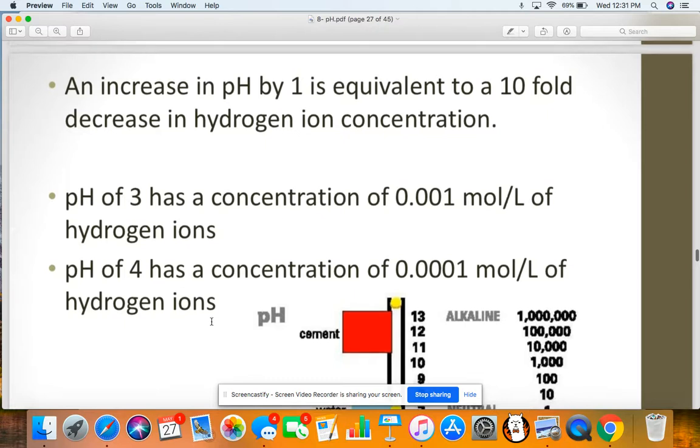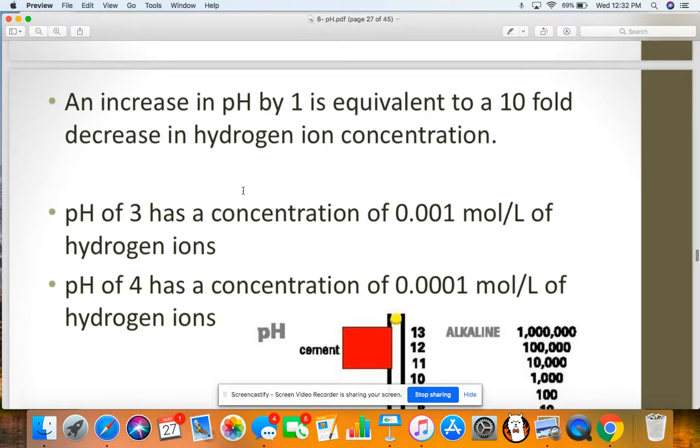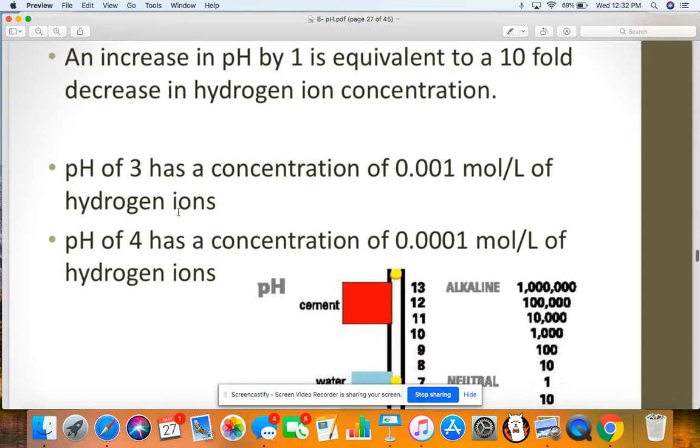An increase in pH by 1 is equivalent to a 10-fold decrease in hydrogen ion concentrations. So let's take a look at an example of that. Something that has a pH of 3 is said to have this concentration of hydrogen ions, 0.001. Something with a pH of 4 is said to have this hydrogen ion concentration, 0.0001.